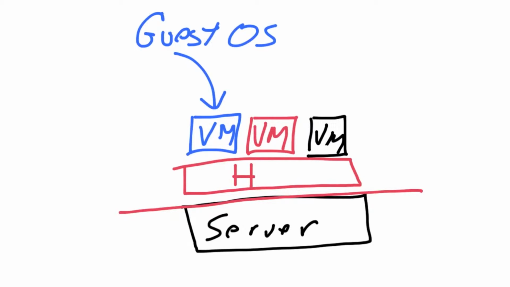Now, the disadvantage of this approach is that by having a complete operating system essentially around the application, you're carrying a lot of overhead for each of those virtual machines. Contrariwise, the advantage is that you do have a complete OS, so each one of these things can be different from each other.